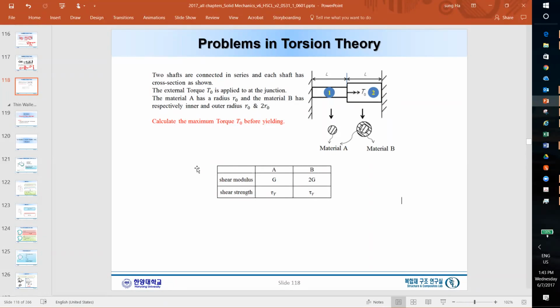So it is important to know how much torque you can apply before yielding. In this one, you have to calculate not only deformation but also stress, to see whether they yield or not. Very important questions.